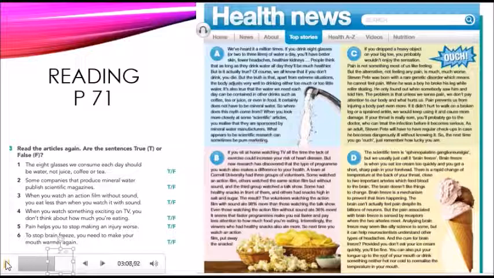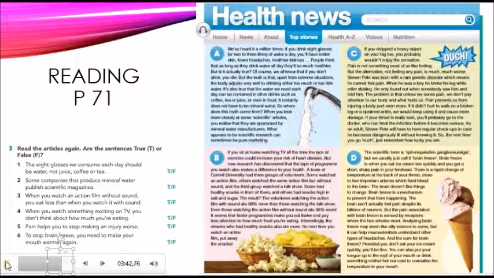Pain prevents us from injuring a body part even more. If it didn't hurt to walk on a broken leg or a sprained ankle, we would keep using it and cause more damage. If your throat is really sore, you'll probably go to the doctor, who can treat the infection before it becomes serious. As an adult, Stephen Pete will have to have regular checkups in case he becomes dangerously ill without knowing it. So the next time you go, ouch, just remember how lucky you are.